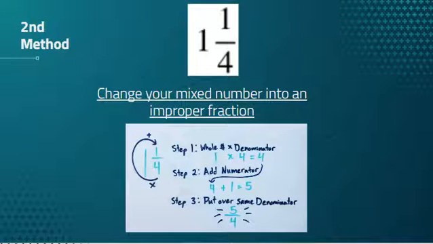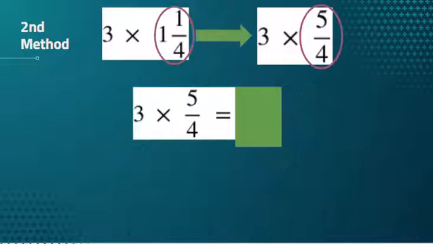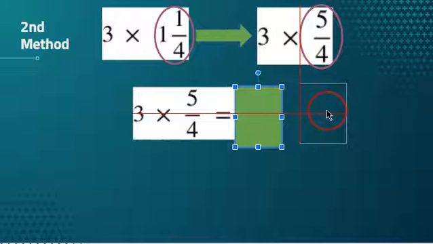Simple enough. So now that I can see what my improper fraction is, I can multiply it like I normally do. I can just multiply my whole number times my numerator, which is now 5, and say, all right, I've gotten, what is it, you guys?